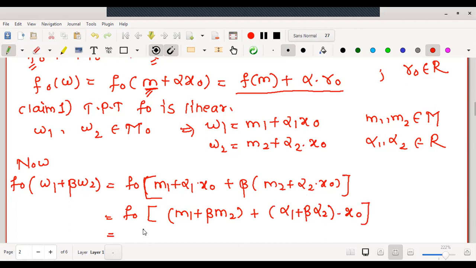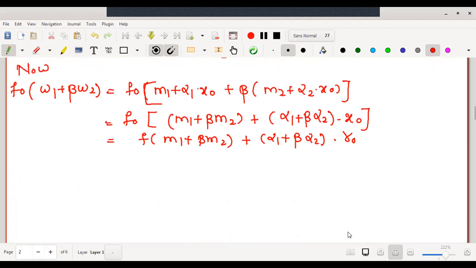Definition says that this is f of m1 plus beta m2 plus the scalar taken as it is, alpha 1 plus beta alpha 2, and x naught will be mapped to a real scalar, say r naught. It was just by the definition.